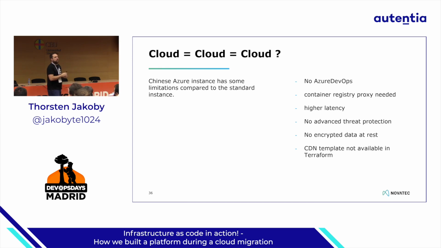For example, gcr.io/kubernetes-helm/tiller. Anybody work with Helm and Tiller? Okay, so Helm is something like a package manager for Kubernetes, and version 2 is using something which is deployed into Kubernetes. One part on my notebook, one part in Kubernetes.